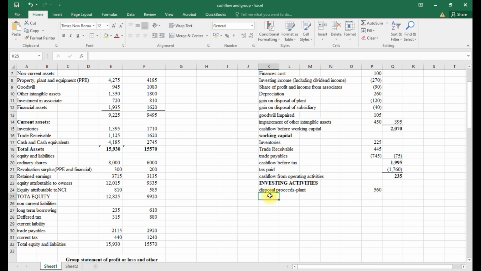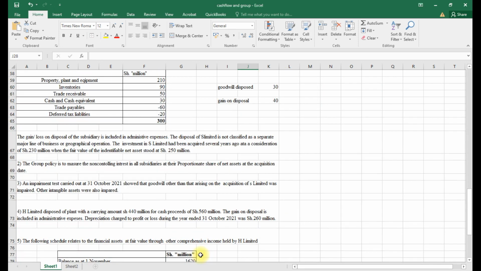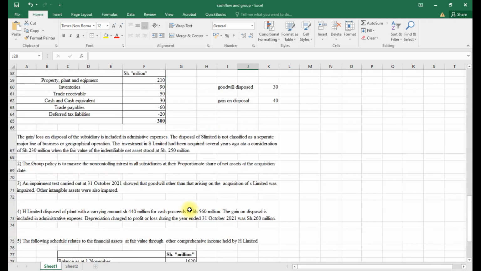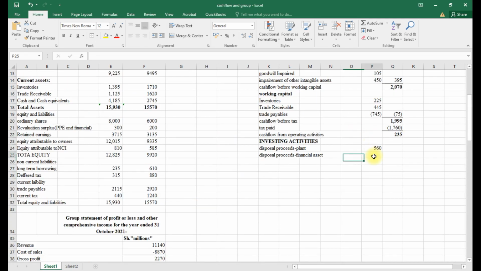And the other thing, we had the disposal proceeds on financial asset. So financial asset, it was in this last note, the sales proceeds from financial asset was 360, so we sold financial asset at 360.